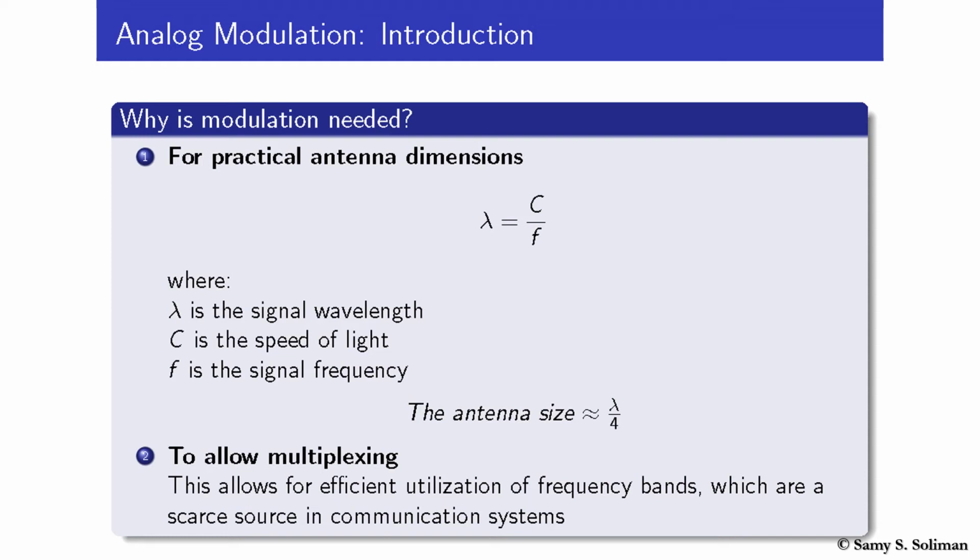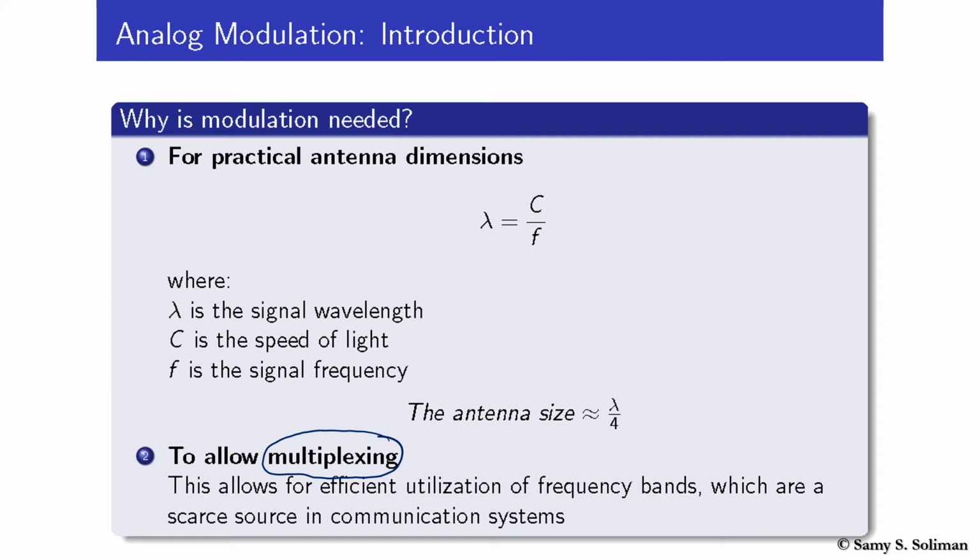The second reason why we need modulation is to allow what we call multiplexing. So what is multiplexing? Multiplexing is transmitting more than one signal simultaneously, transmitting more than one information signal simultaneously.